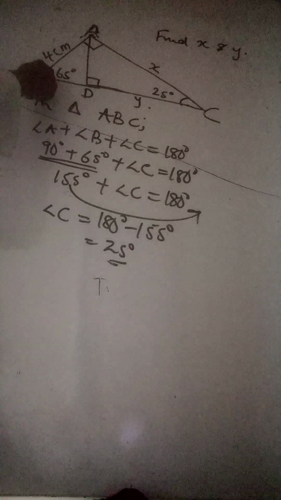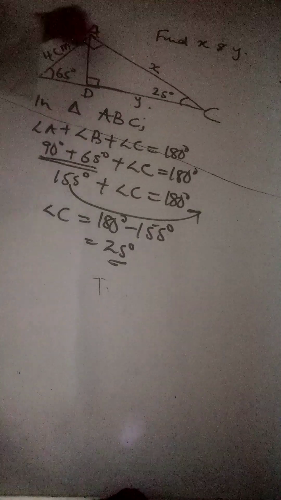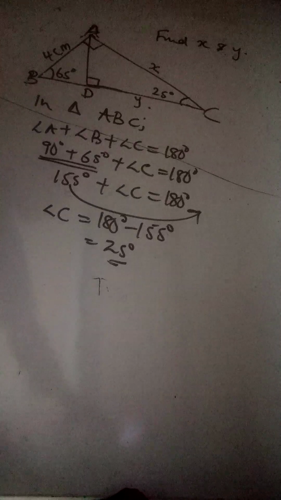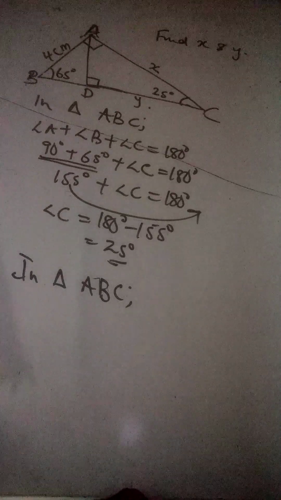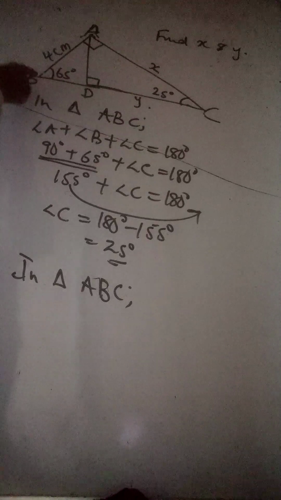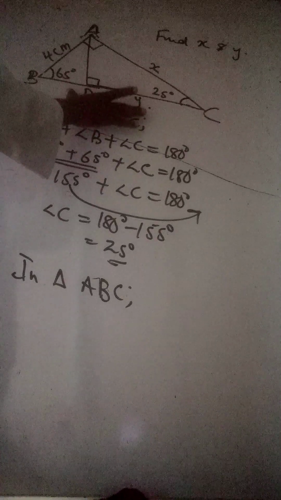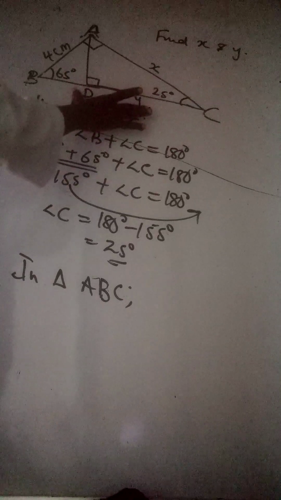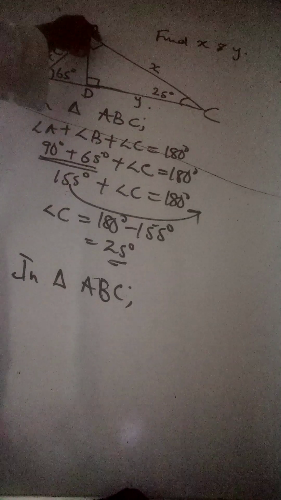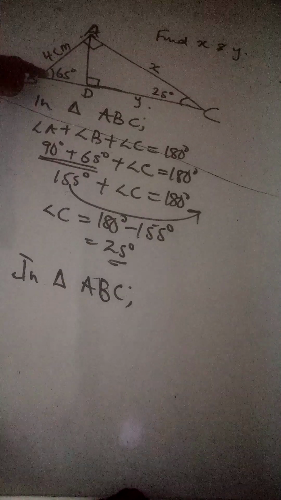So if I use 65, in triangle ABC now, B to C will be the hypotenuse, because it's the one facing angle 90, which is angle A. That means 65 is facing here.